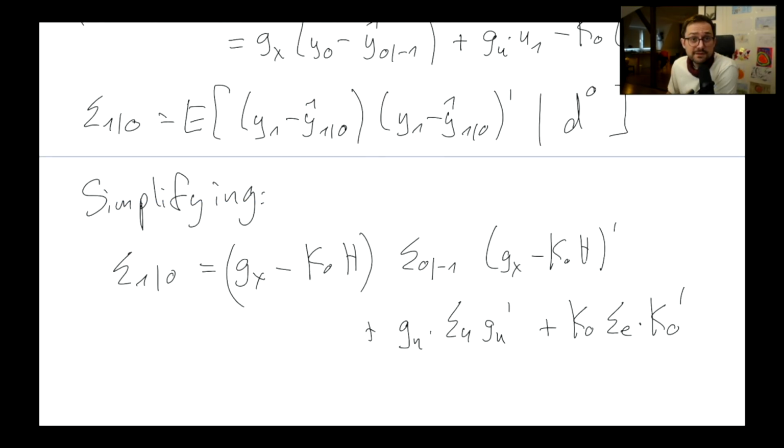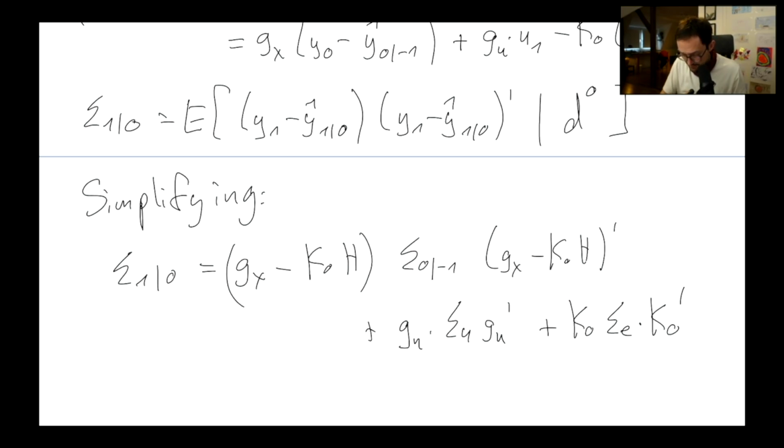And the beautiful thing about this updating equation is, again, the right-hand side is stuff that we know. To update the covariance matrix sigma 1 given 0, we only require knowledge of the previous period's covariance matrix and the given matrices of the state space system.